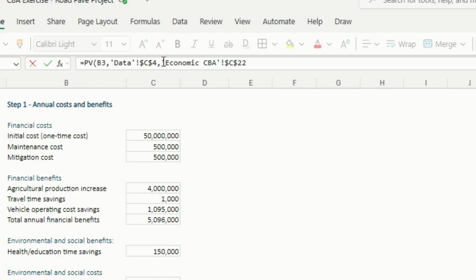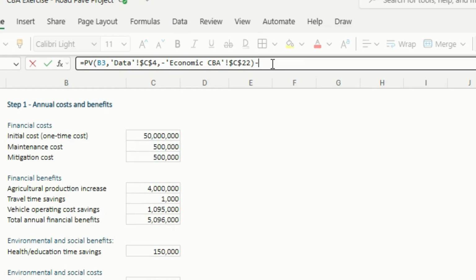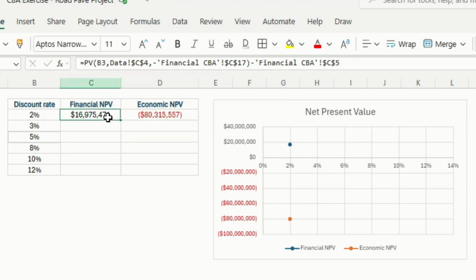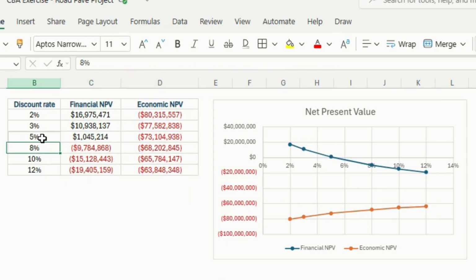Remember to add the minus sign here, and then we're going to subtract from this the initial cost, and we can drag the formula to see how the net present value will change with the different discount rates. Note that these values, the financial net present value and the economic net present value, are the same as before. There is a small difference between the numbers, but it's just because of rounding.